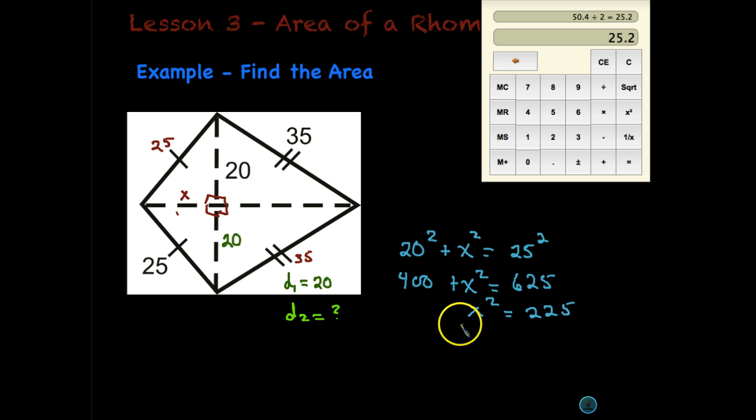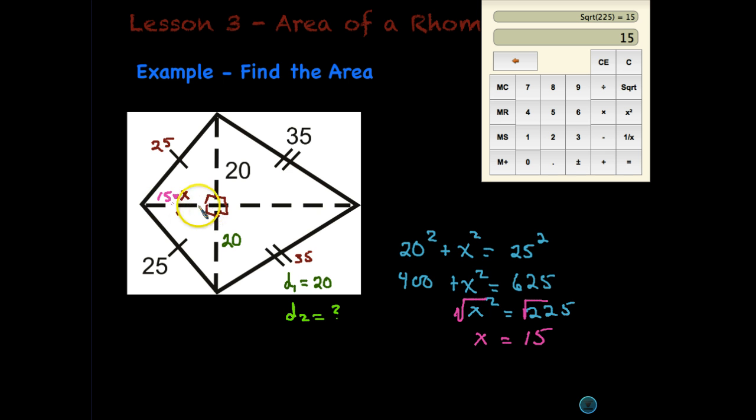And then we take the square root, remember that's how we solve x squared, we take the square root of both sides to get rid of the squared, and we end up with x is equal to, and if you don't know what the square root is, do it on your calculator, and you'll find that it's equal to 15. This piece here is equal to 15.